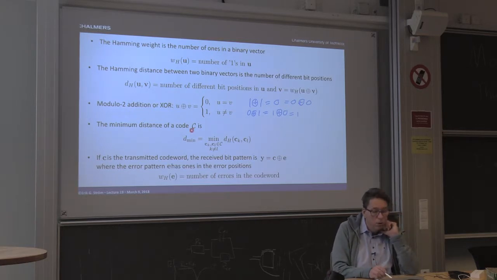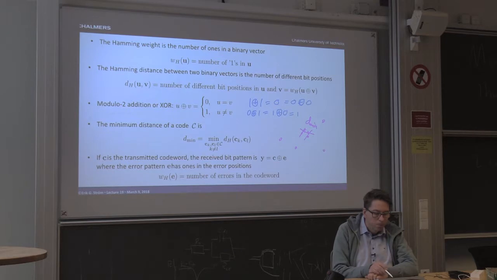Minimum distance of a code is the smallest distance between two distinct code words. So physically, if we had the code words in some space like this, there are two code words which are closest to each other, and that is the minimum distance, in Hamming distance.